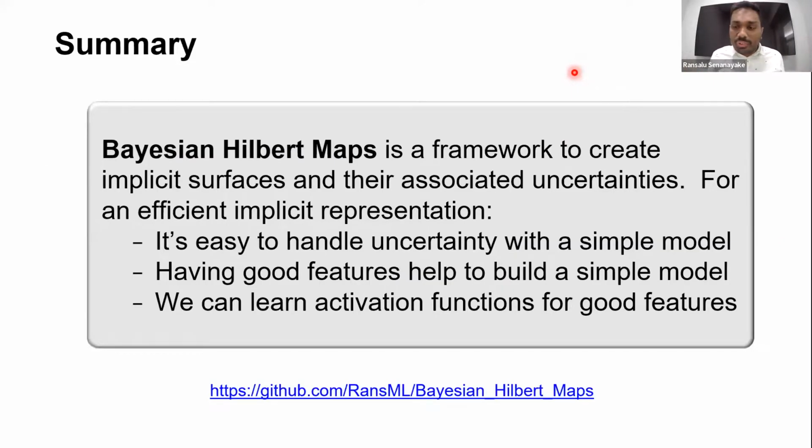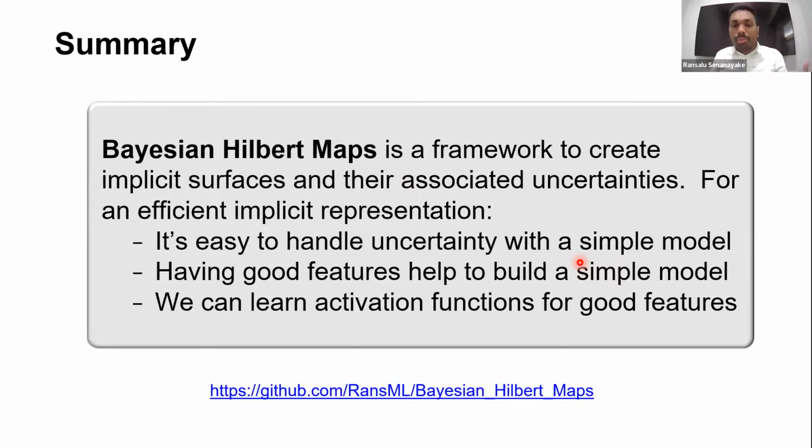Okay, so just to summarize, I just presented this Bayesian Hilbert mapping framework to model implicit surfaces or environments, and more importantly, their associated uncertainties. For an efficient implicit representation, what we really need is a simple model. If you have a simple model, it's much easier to get the uncertainty.